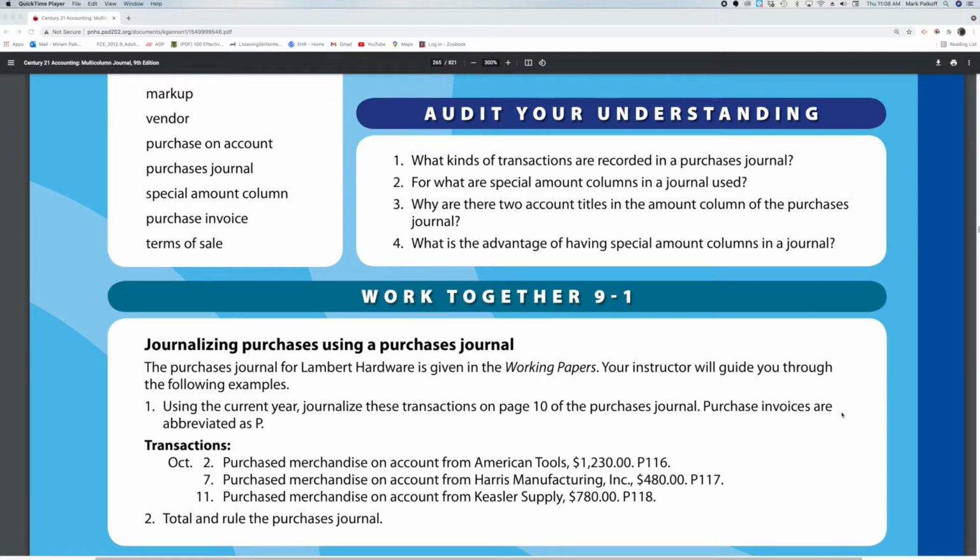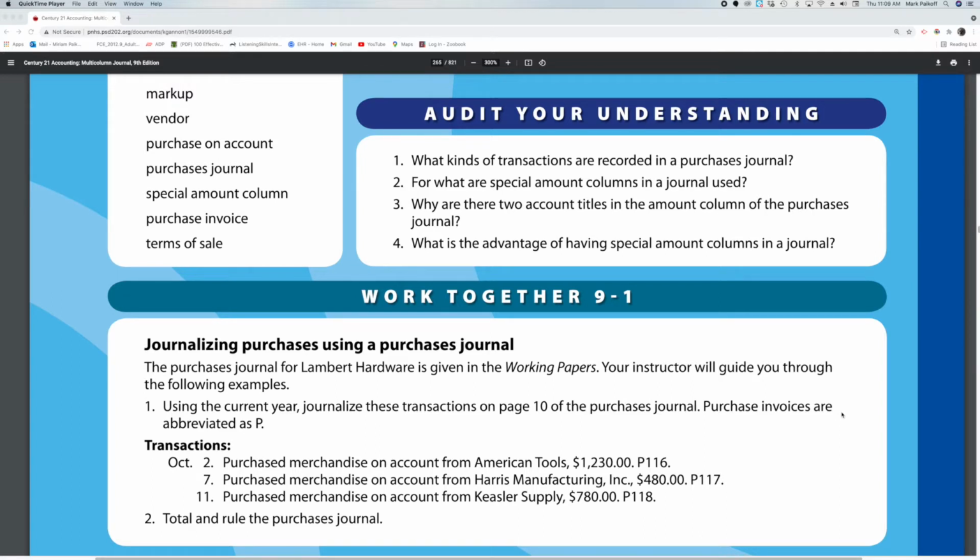purchases journal. So the instructions say the purchases journal for Lambert Hardware is given in the working papers. Your instructor will guide you through the following examples. Number 1, using the current year, journalize these transactions on page 10 of the purchases journal.